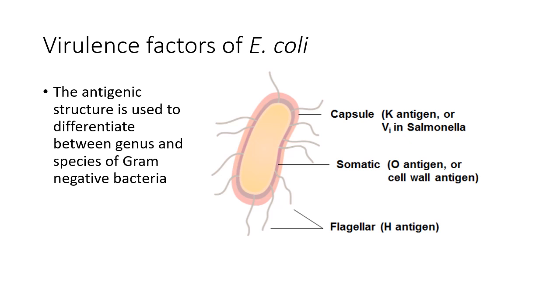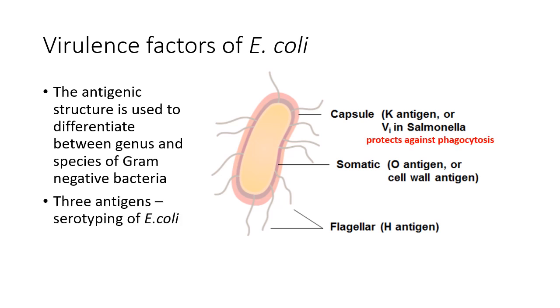And the main groups for E. coli is actually the capsule, which is the K antigen. In the case of Salmonella, it's called the Vi antigen, the somatic or O antigen, and the flagellar or H antigen. The capsule is a very important virulence factor because it protects against phagocytosis, and the somatic one is the endotoxin, or the LPS part of the endotoxin.